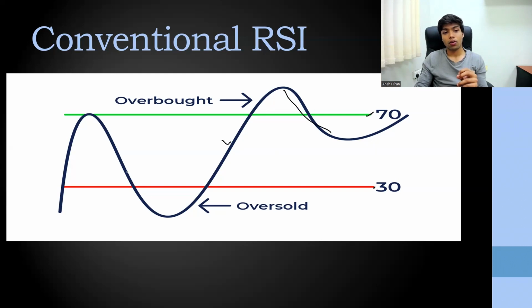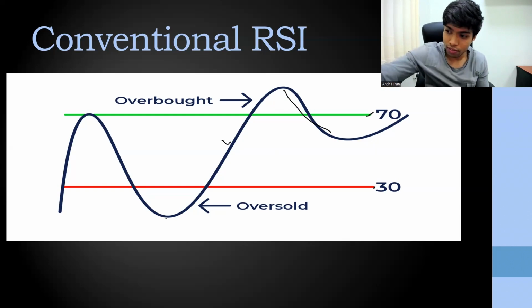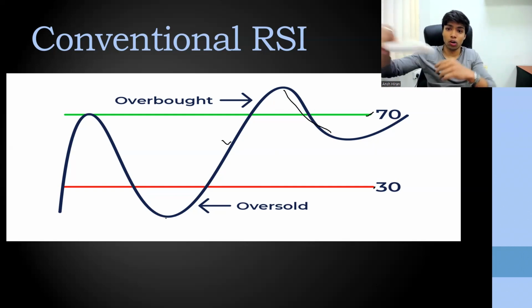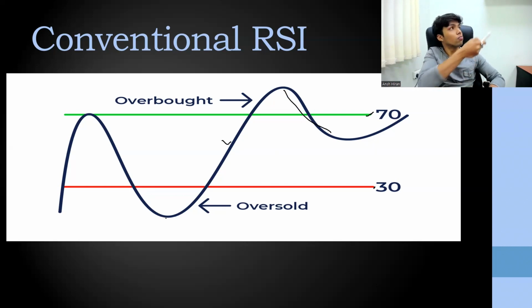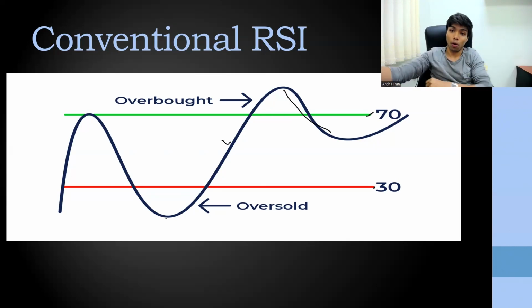And when the RSI is below 30, they say the market is oversold. That means people have sold beyond their capacity. So they don't have the money to sell anymore, or the stock doesn't deserve to go down anymore. That's why the buying will emerge in this particular stock and the stock will go up.